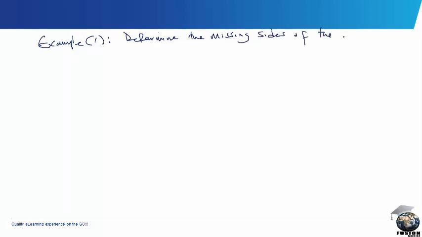The first example I have there is example 1. Okay, we are told to determine the missing side of the triangle below. Okay, there's a triangle there, and you are given this triangle.